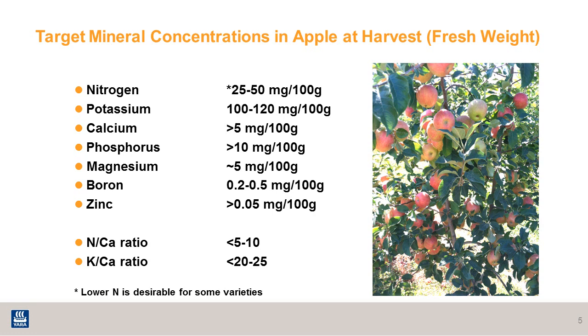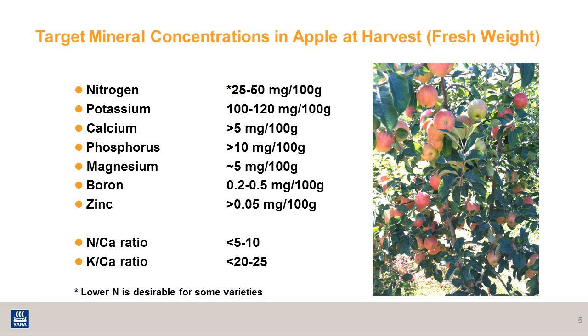I showed you these numbers in my previous presentation, but basically these are fairly general targets of the nutrient concentration in the fruit. You can see here for nitrogen it is generally desired to have between 25 to 50 milligrams of nitrogen. However, for some of the varieties like Honeycrisp, you want as little N as possible, even less than 25 milligrams per 100 gram.